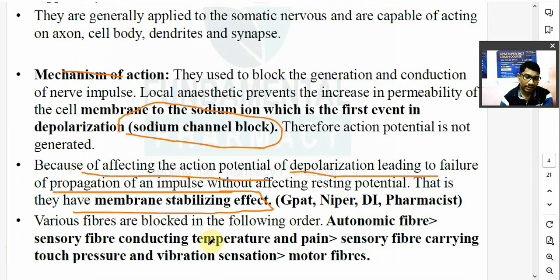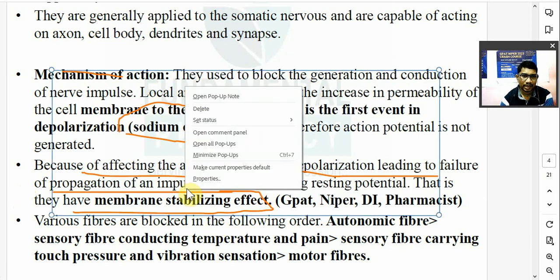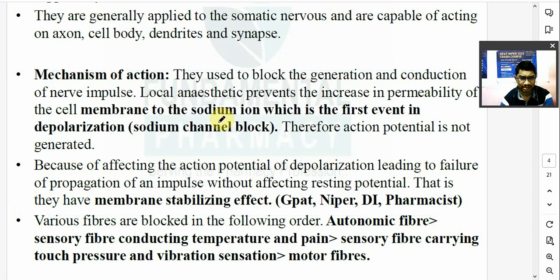So that effect is known as a membrane stabilizing effect because of affecting the action potential of the depolarization leading to failure of propagation of nerve impulse without affecting the resting membrane potential. That is nothing but the membrane stabilizing effect. They cause the membrane stabilization, nerve stabilization.